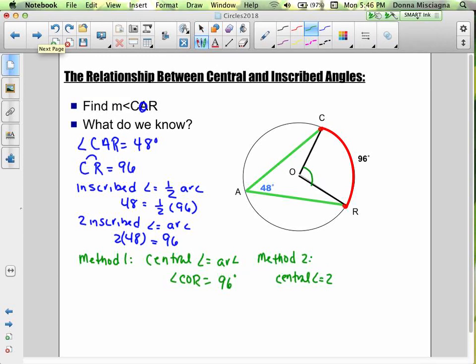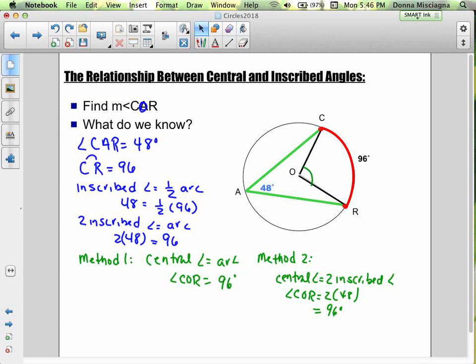So our second method is the central angle is 2 times the inscribed angle. That means angle COR is equal to 2 times 48, which is again 96 degrees. So either way, it's 96 degrees, right?